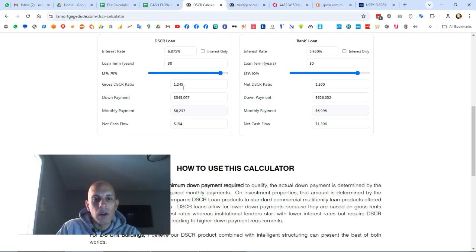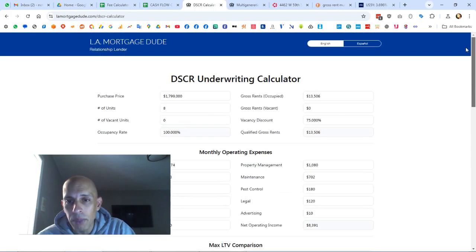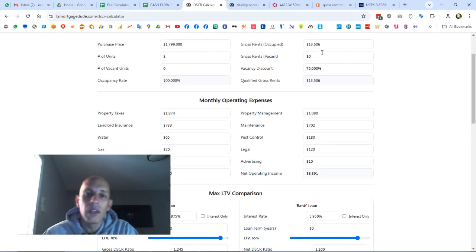And now you get that 1.2 DSCR ratio, you get the 6.875% interest rate without any buy down, and your down payment is $545,000, but your net cash flow is only $154 a month, and that's across all 8 units together. So what's the benefit of that? Why not just do an agency loan? Well, in the case of this building, you already have 100% vacancy.